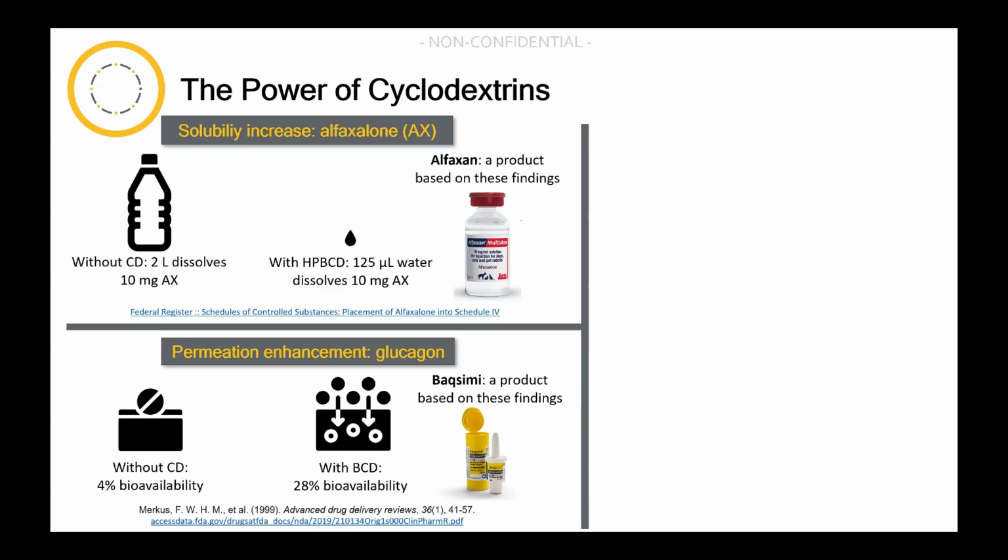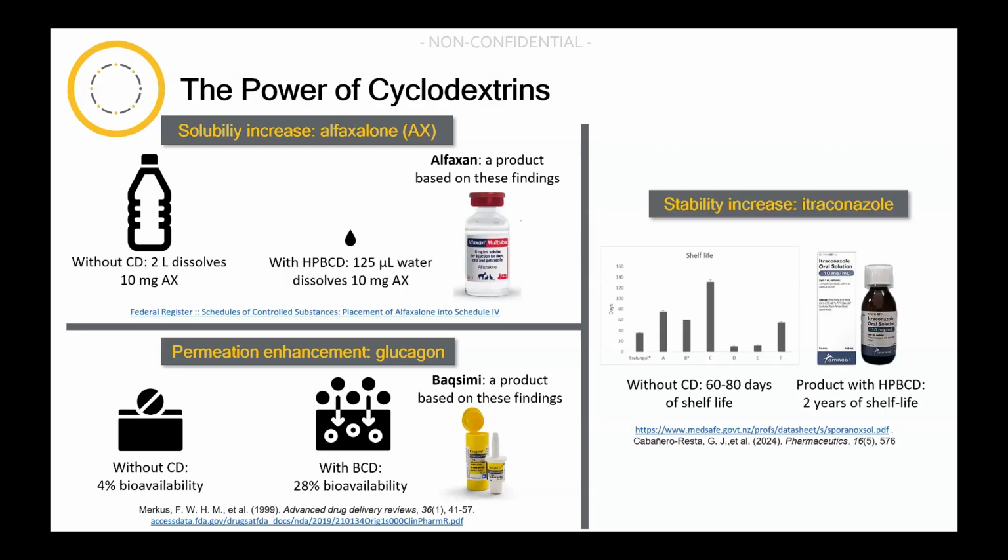It can be done because in the nasal cavity there is a high concentration of the cyclodextrin, and by that it can increase this permeation efficiency with a high local cyclodextrin concentration. In an IV solution, it will dilute many times, so it cannot increase the permeation only by increasing the solubility.